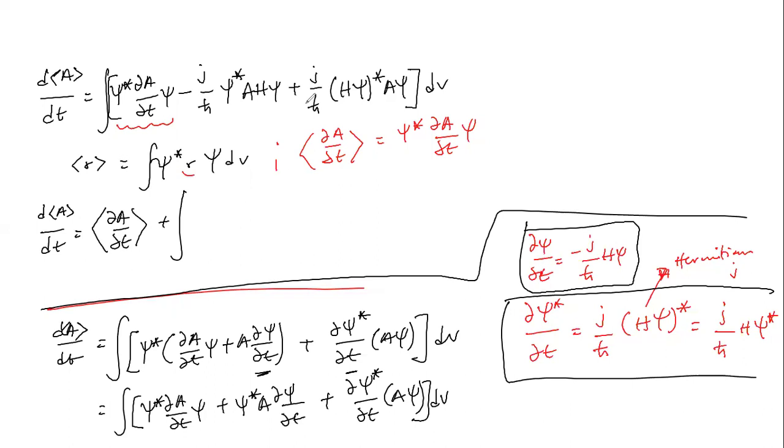integral. Then we can rearrange this, okay? This minus this, because this is minus plus this. And then we see something, the j over h cross is in common. So we can bring that out of this whole expression to say j over h cross integral. Then we want to relate with this first. So I already explained why this is the same as this, because H, the Hamiltonian, is a Hermitian operator.